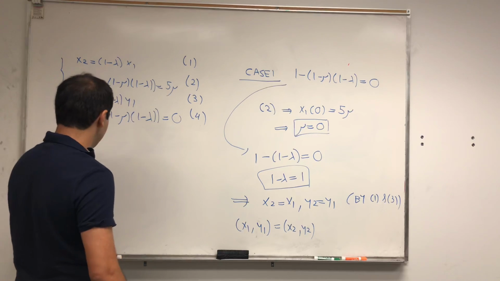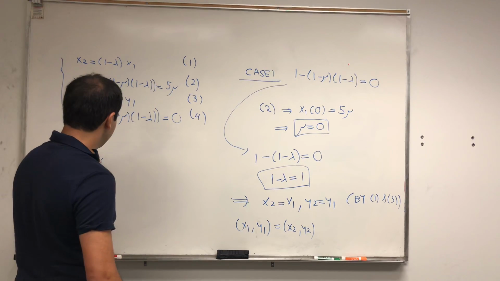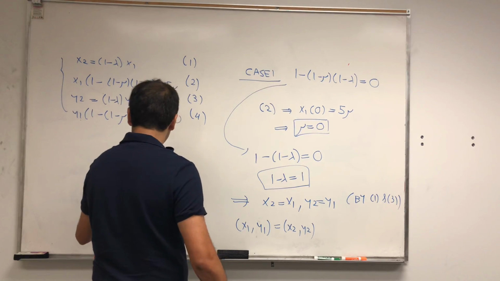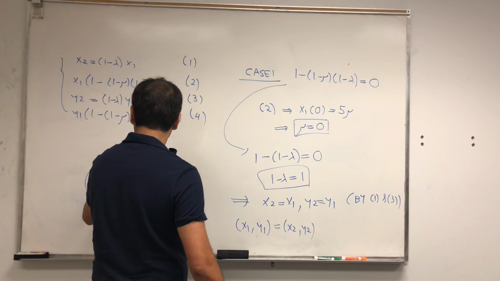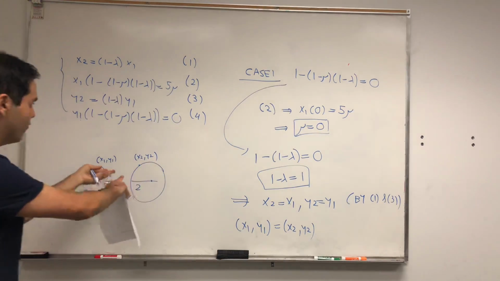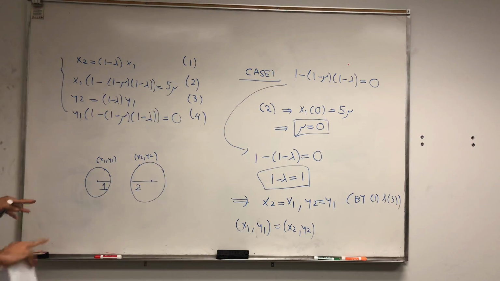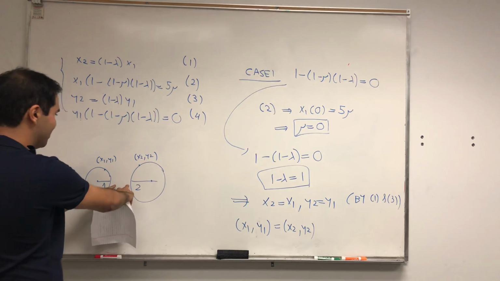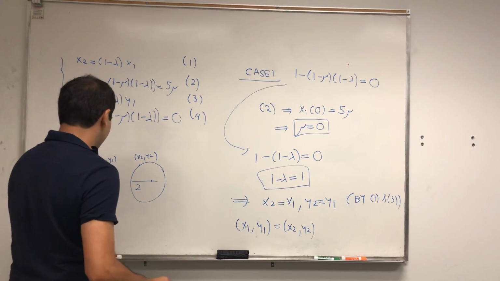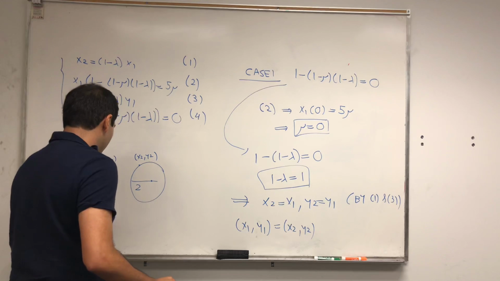So this is this circle of radius 1, and this was the point x1, y1. This is the disk of radius 2, and this is x2, y2. Well, if those 2 points are equal, this is kind of nonsense because there is this distance here. And in fact, if they're really equal, it would be a contradiction.